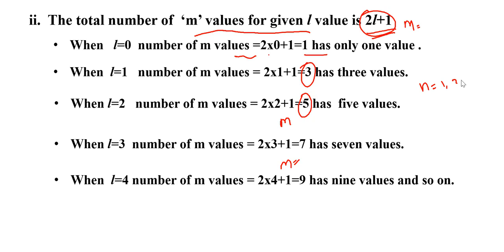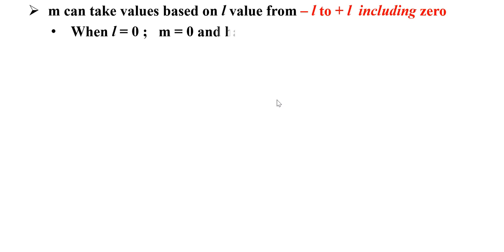Again I am recalling you, n equals 1, 2, 3, and so on; l is 0, 1, 2, and so on up to n minus 1; the number of m values is 2l plus 1. These values are generally minus l, and so on, 0, and so on, plus l; it ranges from minus L to plus L. M can take values based on L values from minus L to plus L including 0.